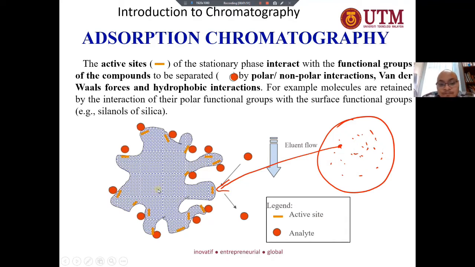On the surface of the particle, they have active sites, or maybe they attach a ligand there to make the active site. So the analyte or solute will interact with the active site of the solid or the particle, which we can call the stationary phase.